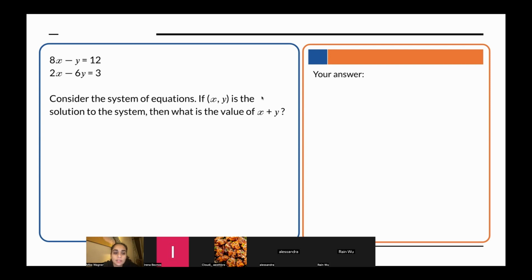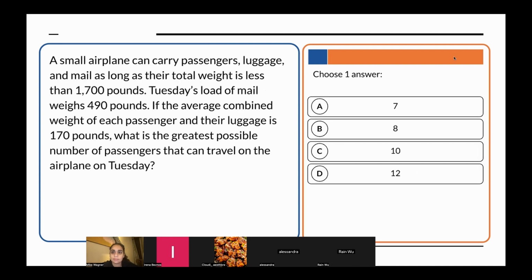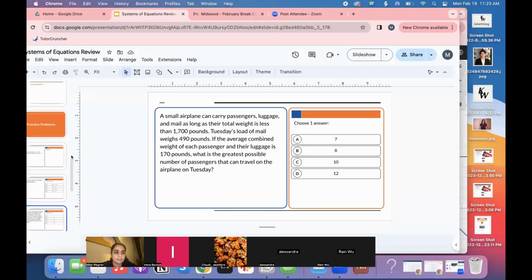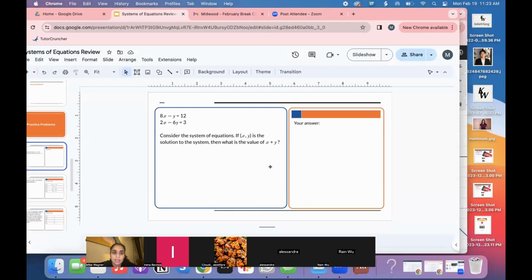Okay, so I see one question. I'll solve it and then I'll answer your question, Connie. So it's this equation. We have 8x minus y equals 12, and then we have 2x minus 6y equals 3.